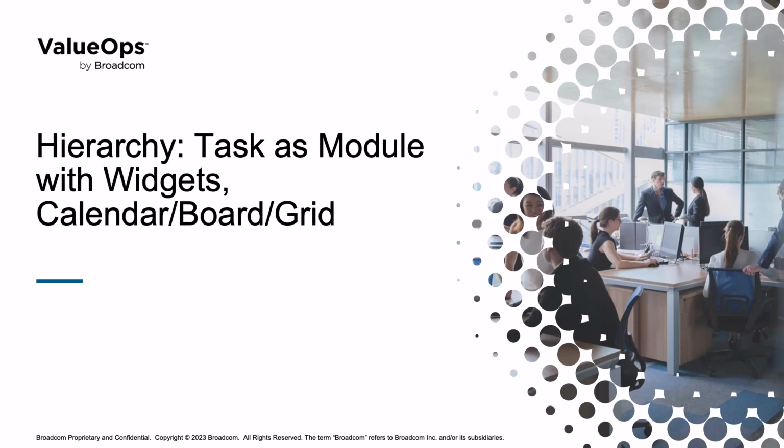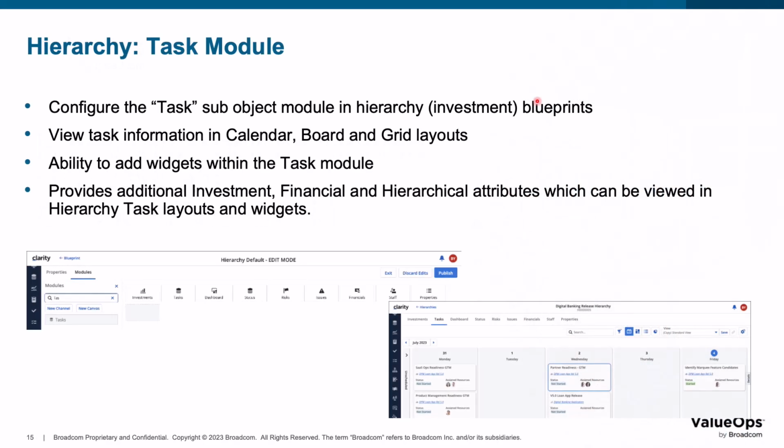Now let's discuss more around the new task module in hierarchy and the new calendar, board, and grid layouts and widgets in that task module. So with the new hierarchy task module, now you're able to configure the task sub-object module in the hierarchy investment blueprint.